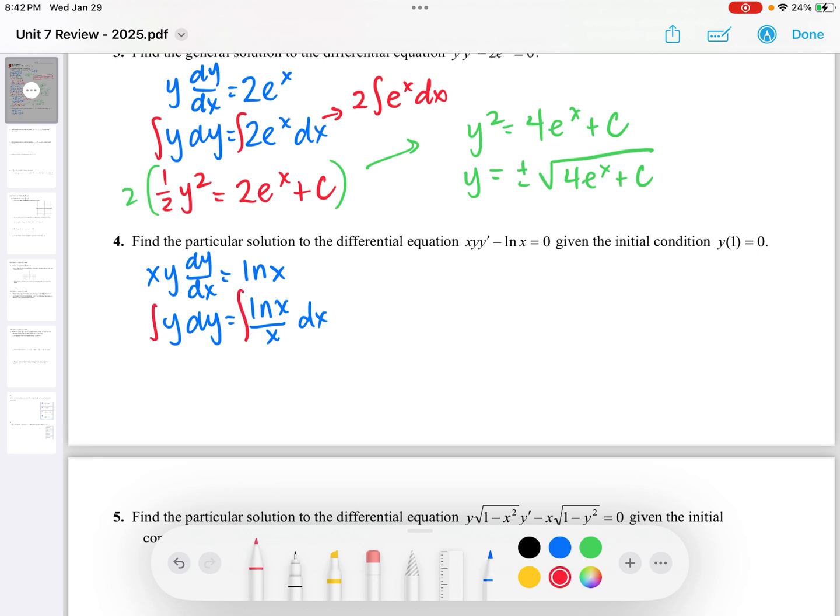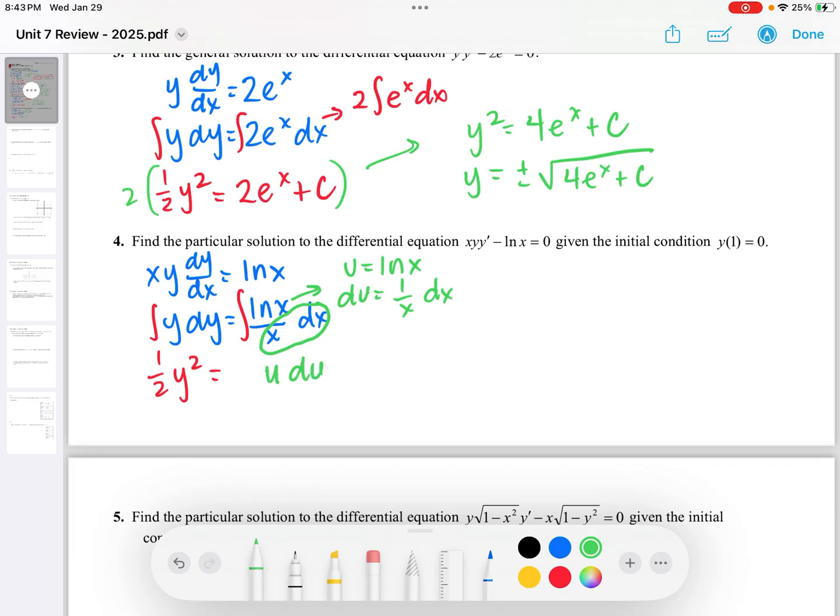And now we can integrate. Here, this left-hand side is just going to be power rule, straightforward. Over here, I need some u substitution. So u is that natural log of x. My du is going to be 1 over x dx. Perfect, which is what I have here in this integral. So this is going to become my du.